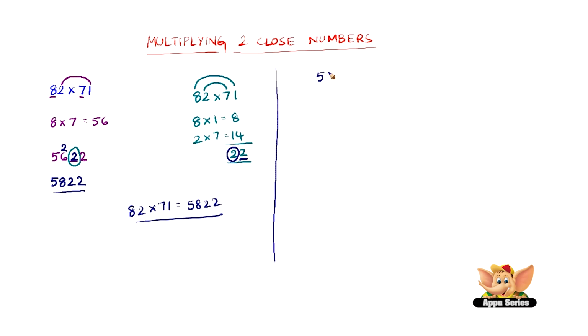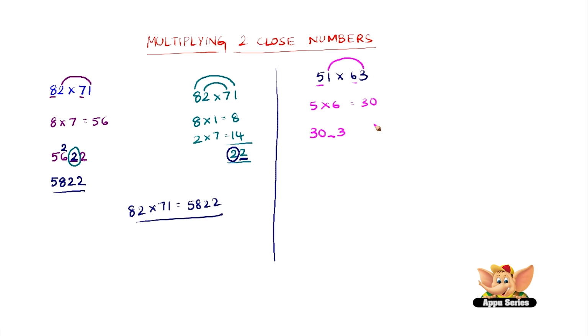Say 51 into 63. Again, consider the first digits of the two given numbers, that is 5 and 6. So 5 into 6 is 30. So the first two digits of the answer will be 30. The next digit will be a blank space. And the next one will be the multiplication of the units digits of the two numbers, that is 1 into 3, which is 3.